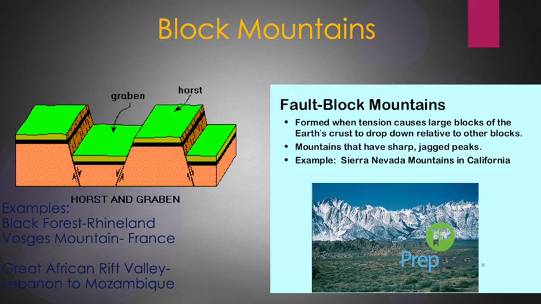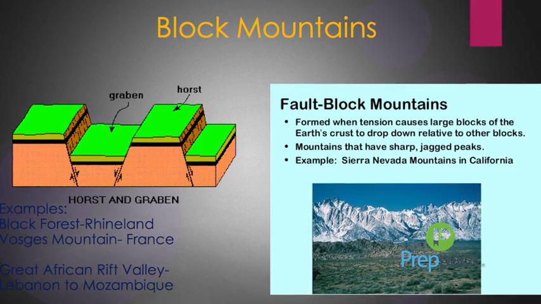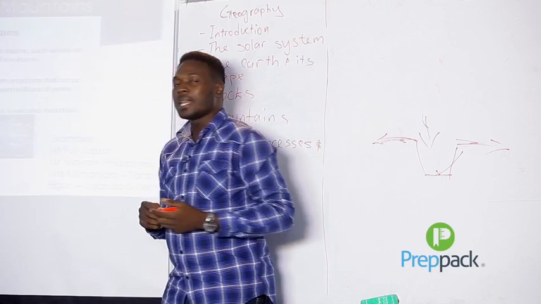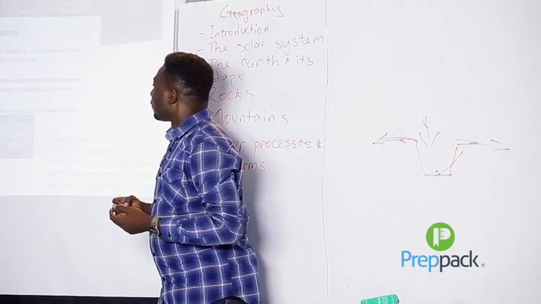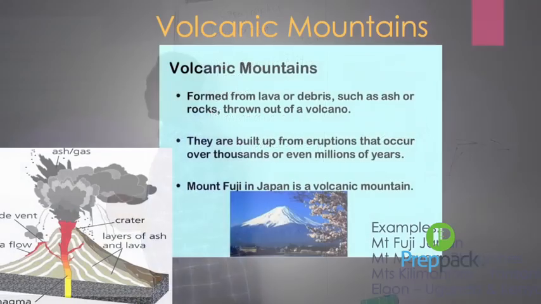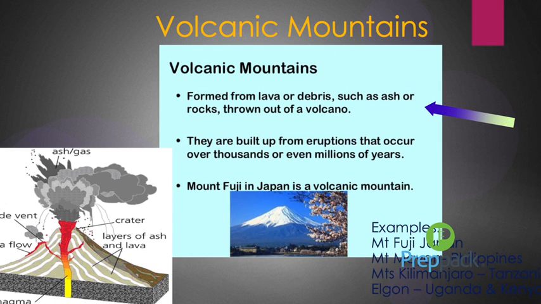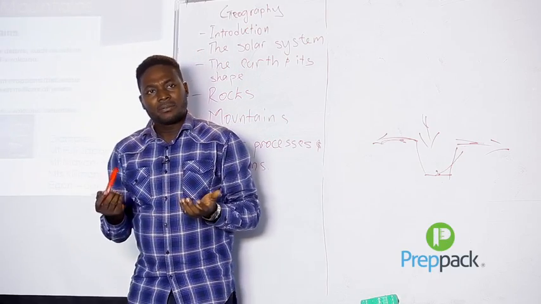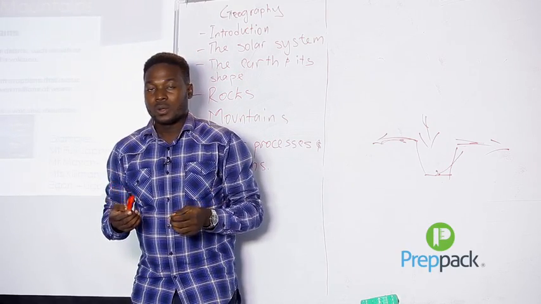This brings us to the next slide, where we have the volcanic mountain. Volcanic mountains are formed from lava or debris, such as ash and rocks thrown out of the volcano. They are mostly formed from volcanic eruption.